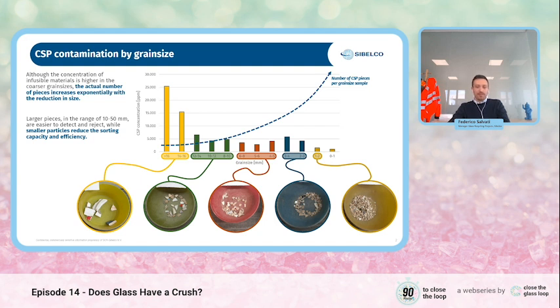By the time we reach the very fines, the fraction between 1 and 2 millimeters or between 2 and 3 millimeters, we see thousands of little fragments. Each of those can potentially be a defect in our customers' factories where bottles are produced. Larger pieces are usually easy to detect and eject, while the smaller pieces will reduce the sorting capacity and the sorting efficiency of our machines.